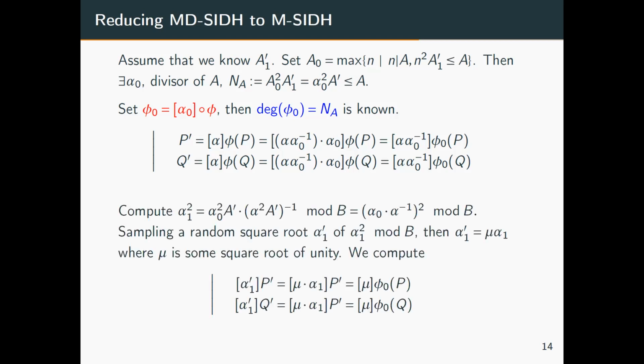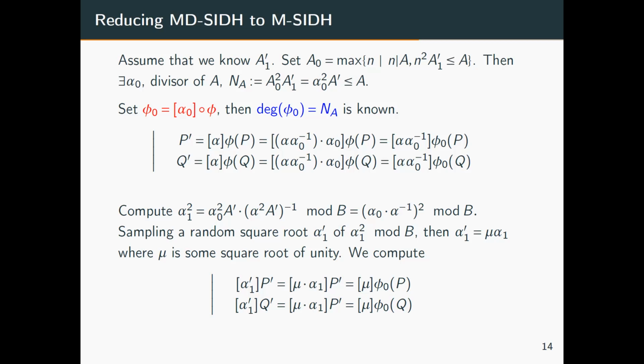But you can also recover the square of this integer by just doing this little computation. When you do this, you get the square of this integer, and then sampling a random square root, you know that this random square root will be some square root of unity times the original square root that you are looking for.